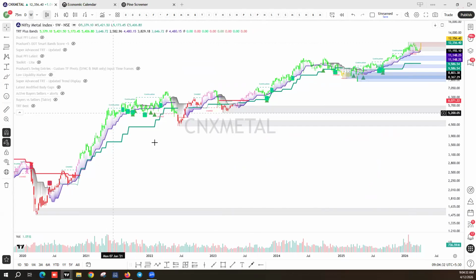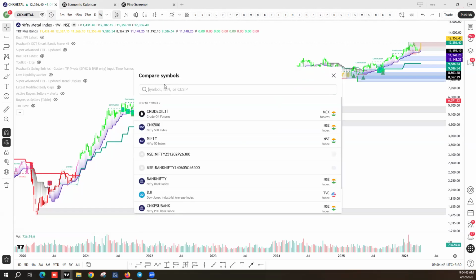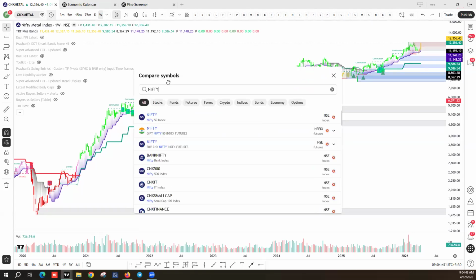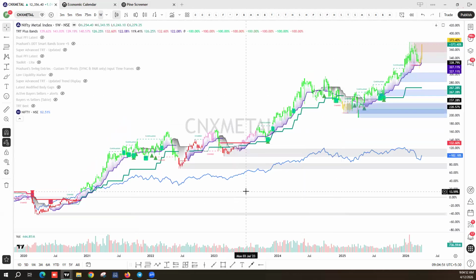And if we compare it with Nifty, see, metals are already outperforming from this time, from February.